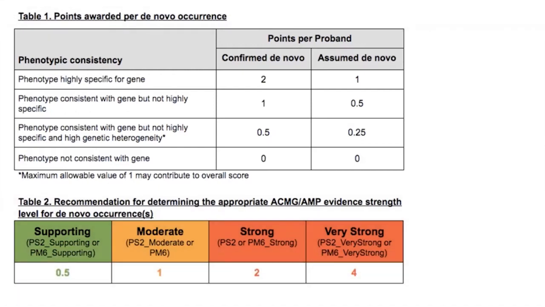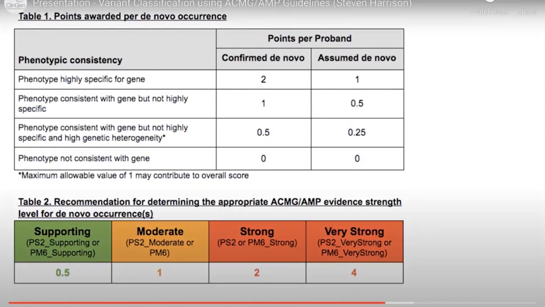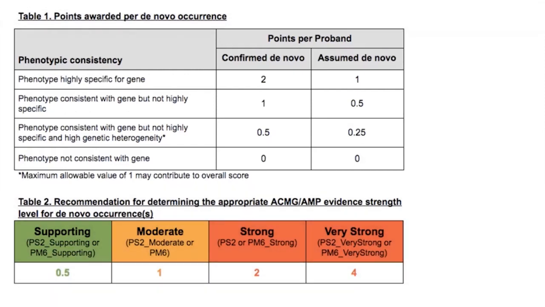So what we had done is, in this top part of the table, separated out de novo occurrences into two different scales. One, whether or not the de novo occurrence was confirmed versus assumed, and then also looking at phenotype specificity: if the phenotype's highly specific, consistent, or consistent but highly genetic heterogeneity, and then divvy out the points from there.